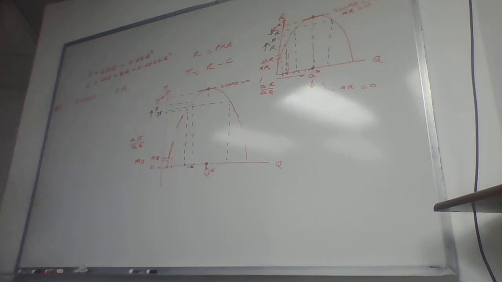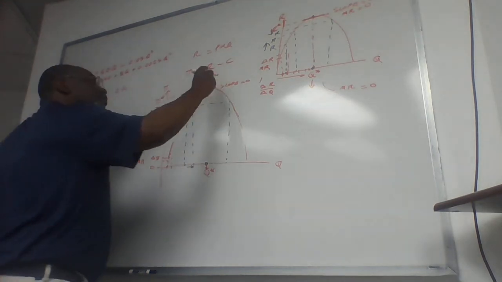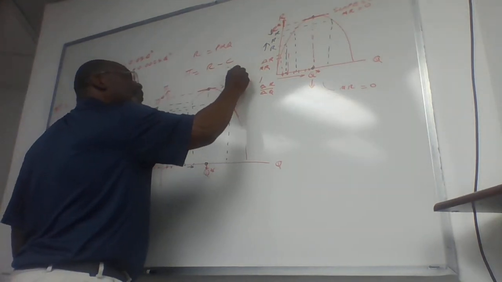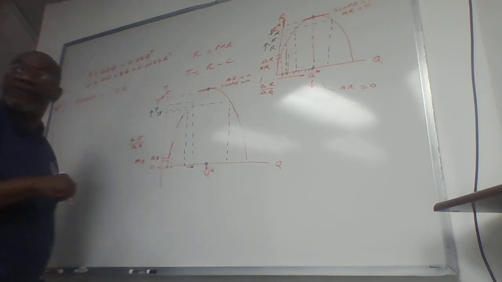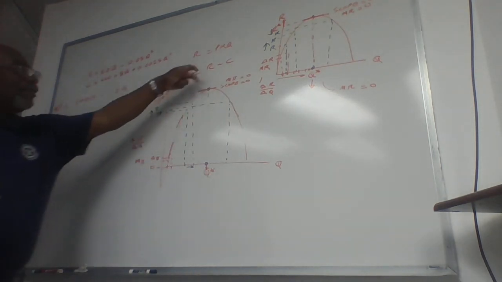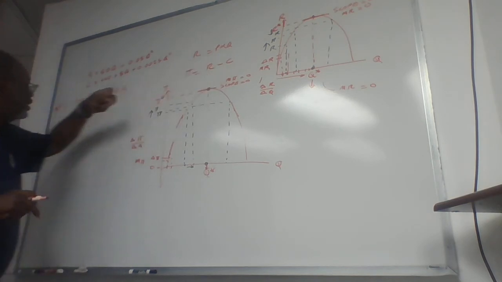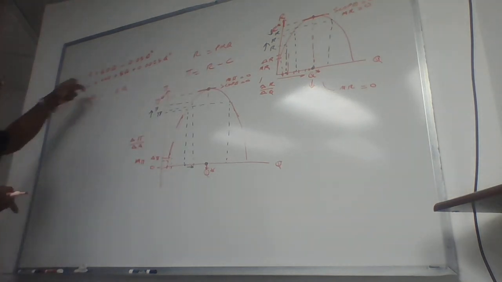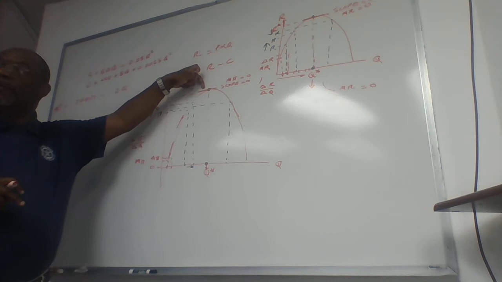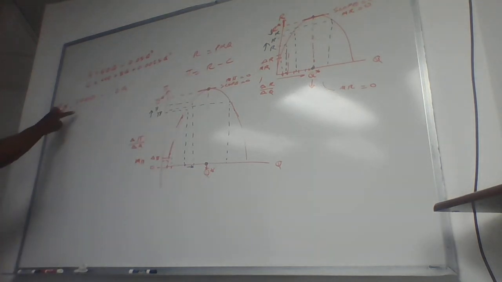All right. We know the slope is equal to 0 and marginal profit is equal to 0 at the top of this curve. So we know marginal profit is this function, but at the top of this curve, marginal profit is equal to 0. So what we do then is we make our marginal profit equal to 0.